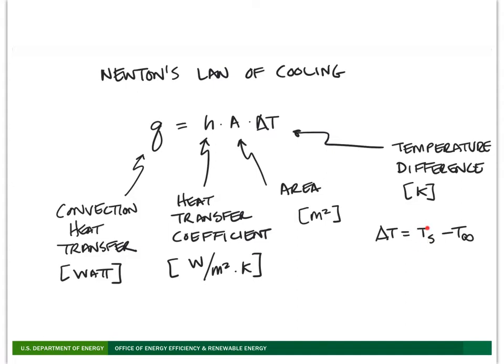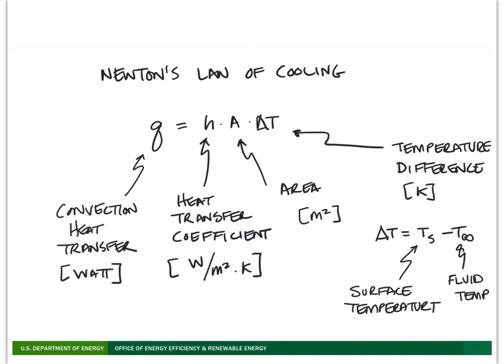So surface temperature, T sub S, and T infinity is the bulk fluid temperature. And of course, the temperature delta is based on whichever of these is warmer, because that controls which direction the heat transfer is going.